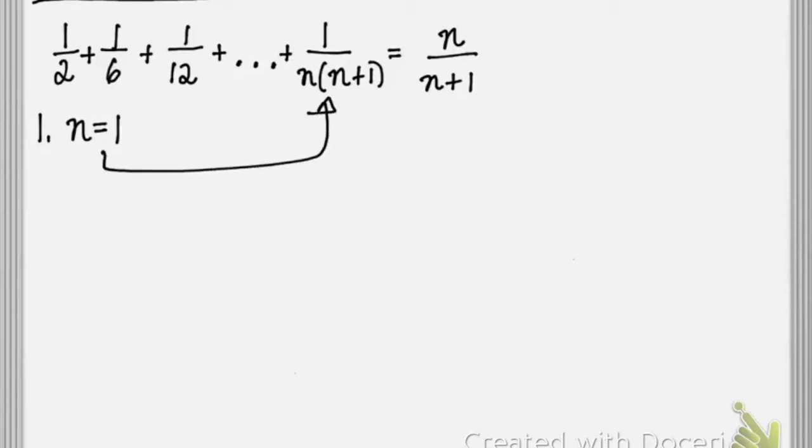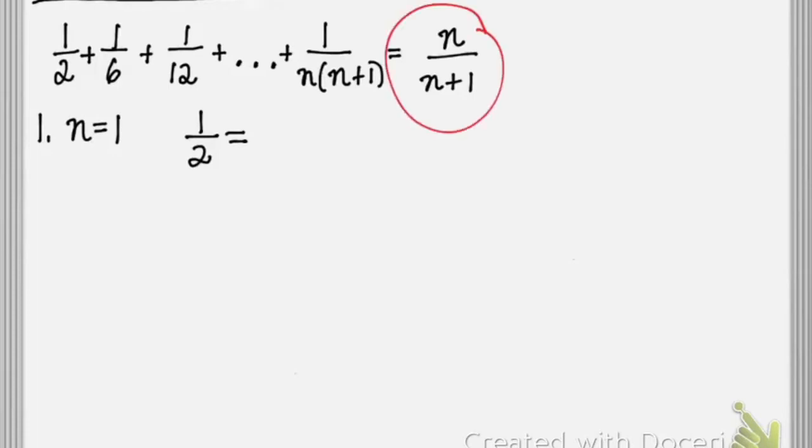That came from letting n equal 1 here. So either way, n equals 1 is 1/2. And then I want to show that the sum of the first n terms is equal to this n over n plus 1.